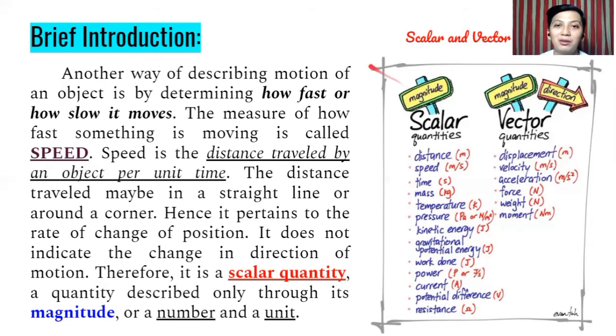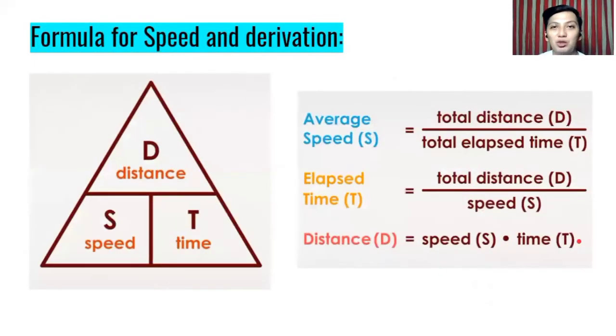So, that is the difference between scalar and vector quantities. Again, scalar quantities are composed of magnitude, number, and unit only, while vector quantities are composed of magnitude plus direction, which means number, unit, and direction. Clear? Go to the next one.